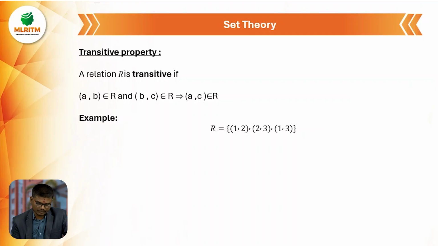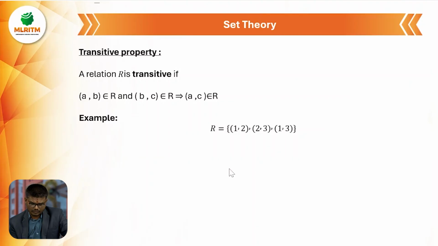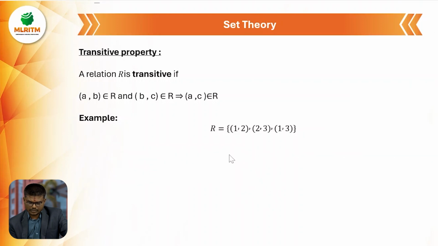So here, for example, a relation R equals {(1, 2), (2, 3), (1, 3)}, set A equals {1, 2, 3}. Here the first pair I will take is (1, 2).